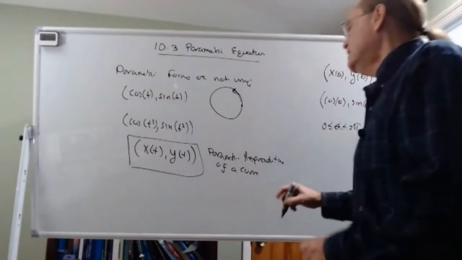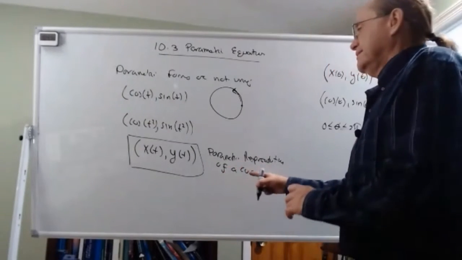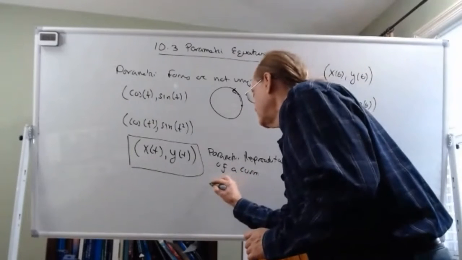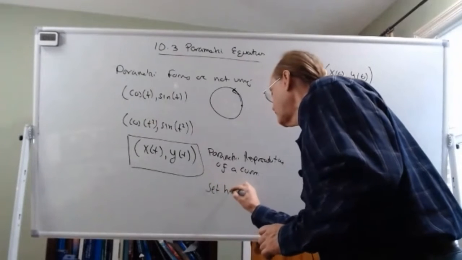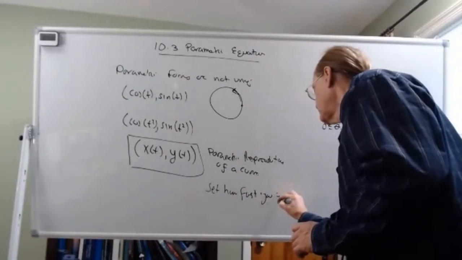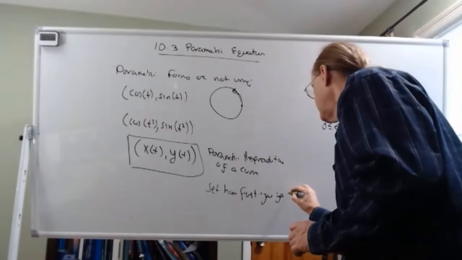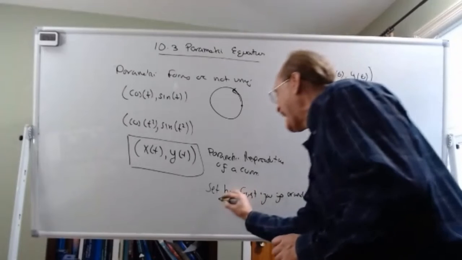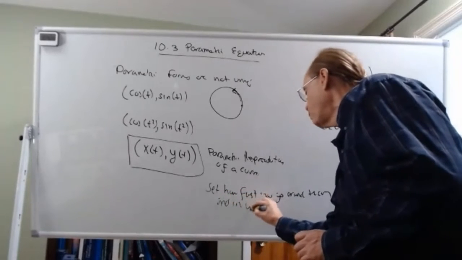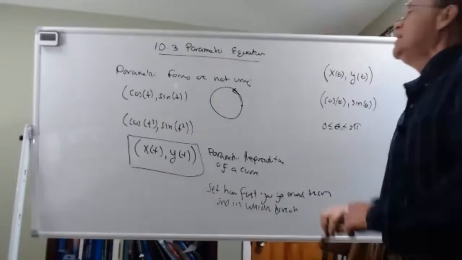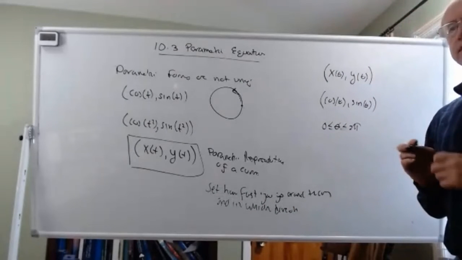And the benefit of this allows me to set how fast I go around the curve and in which direction. So for you guys, it's going to be relatively simple.